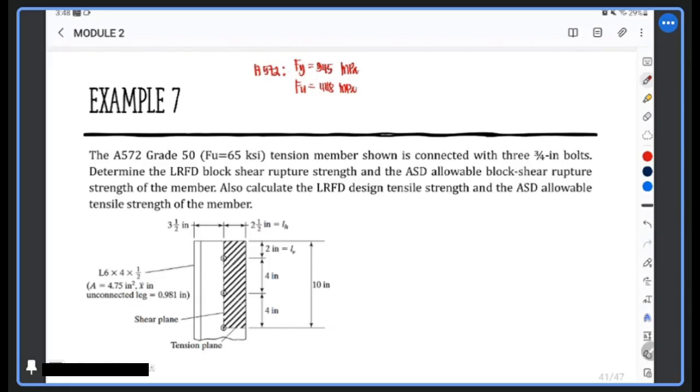So, the tension member, that is this, yung L na yan, is an A572, grade 50. Ano bang sabi natin for angles? The most common is A36 yata.